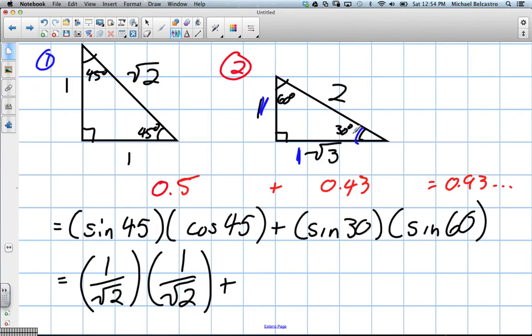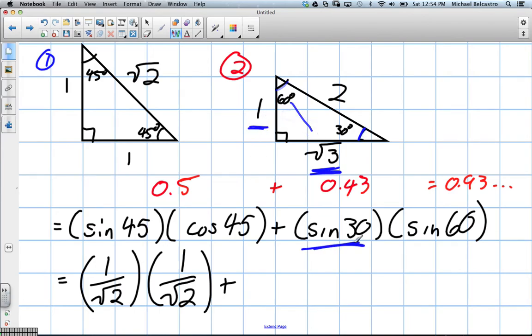A good way to remember is that root 3 is a larger number than 1. Think of this like a mouth opening. A mouth opening 60 degrees is a larger opening than one opening 30 degrees. So whatever's opposite the 60 degrees must be the larger side in comparison to the 30 degrees. Does that make sense?